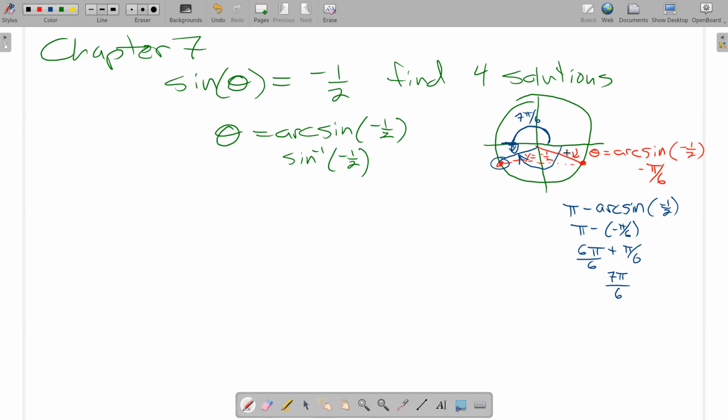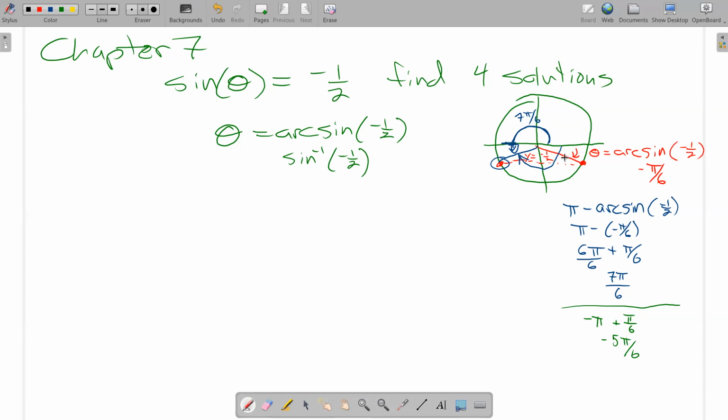We could have found that angle a different way. We could have gone around -pi and then added pi/6. So another solution here, let's maybe use green for that one. By just looking at the symmetry of the circle, if I sweep around -pi, so I come around clockwise, but then I back off, I go positive pi/6, that should get me to that same point. So that would be -5pi/6 should be another one.